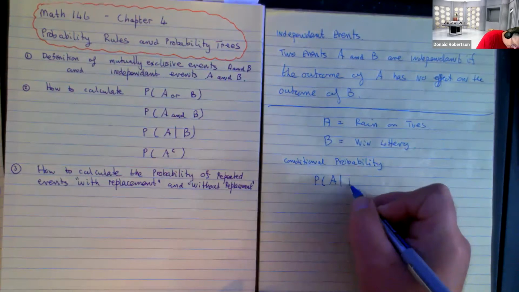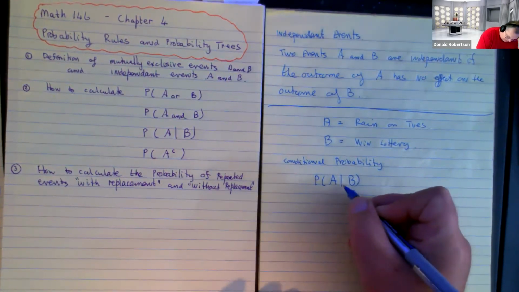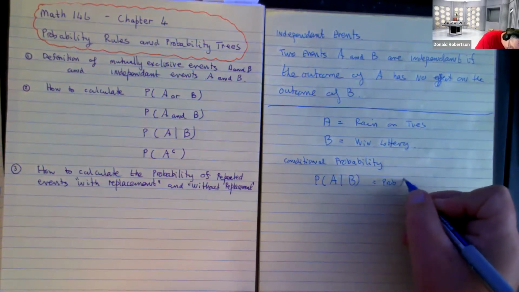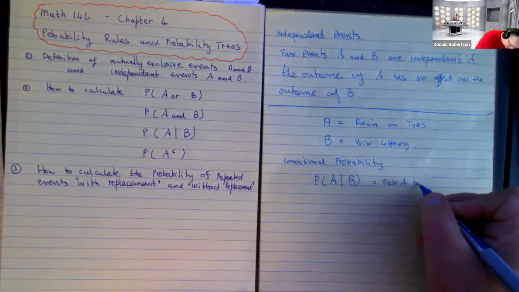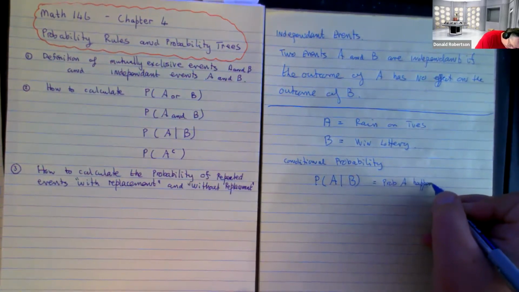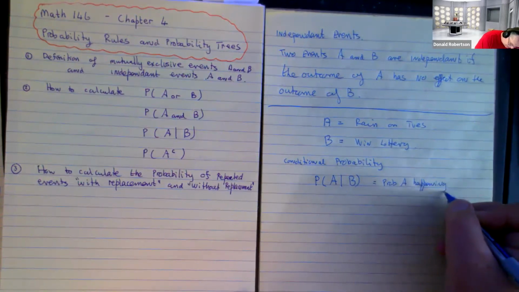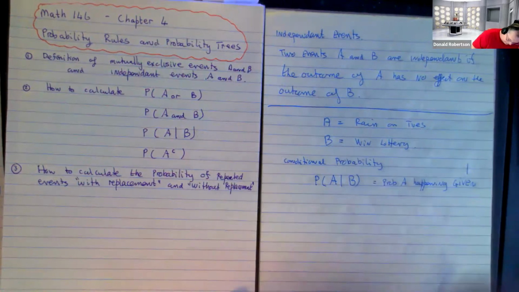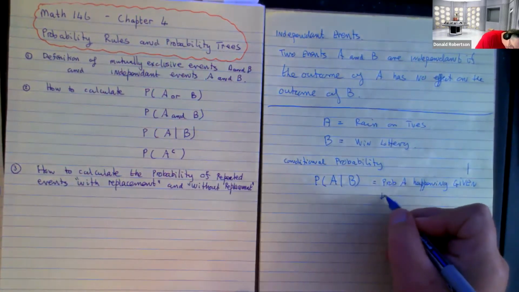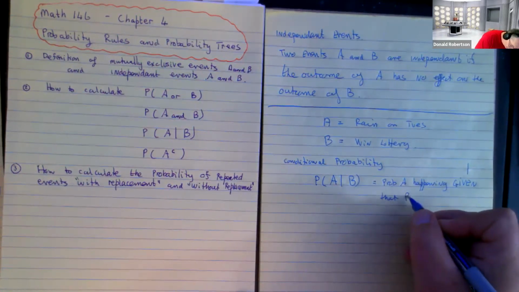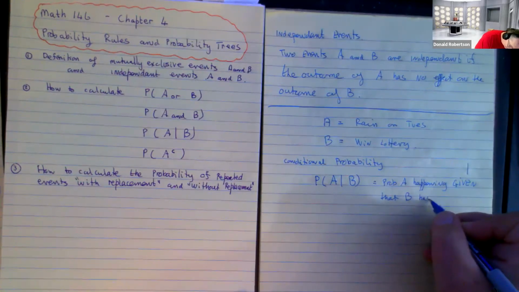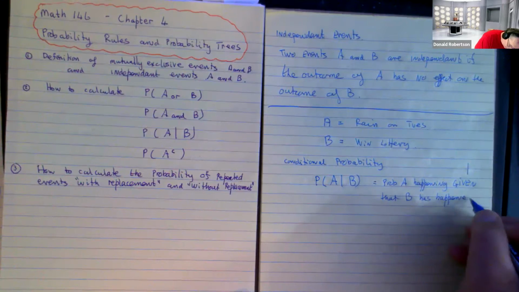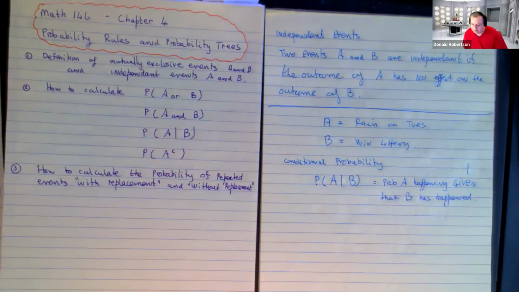A vertical line B, A given B. So you read that out as the probability of A happening given, that's what that vertical line means, given that you already know that B has happened. And we call these conditional probabilities.